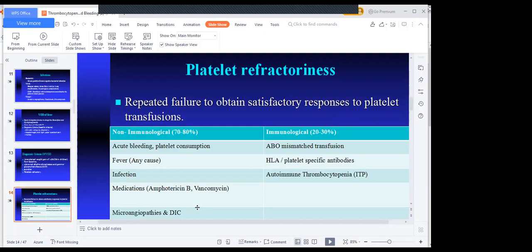Immunological are 20 to 30%, where ABO mismatch transfusions, HLA, platelet-specific antibodies, and autoimmune thrombocytopenia (ITP).